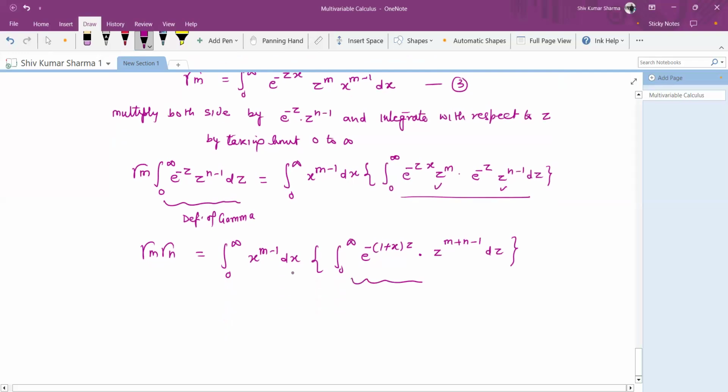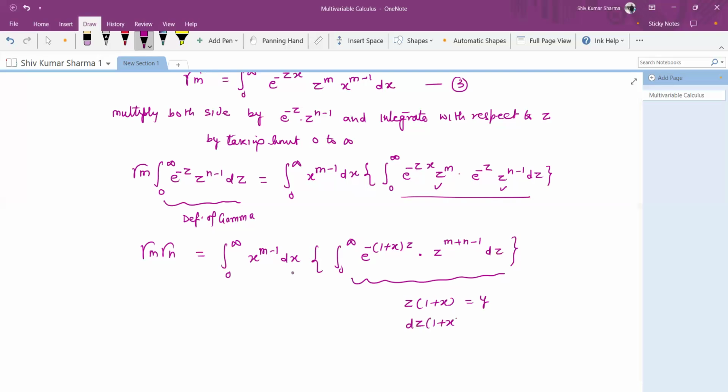Now we solve this integral. So first we solve this integral by substituting z into (1 plus x) equal to y. What is the value of dy? So dz into (1 plus x) equals dy.